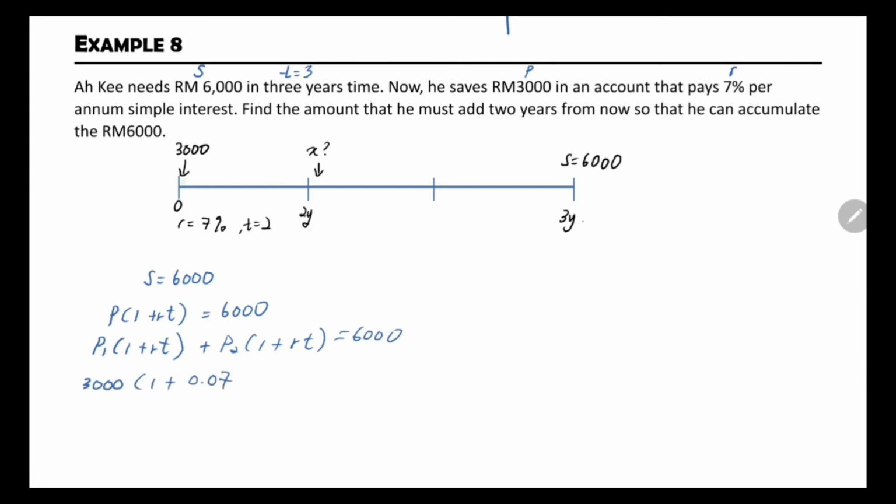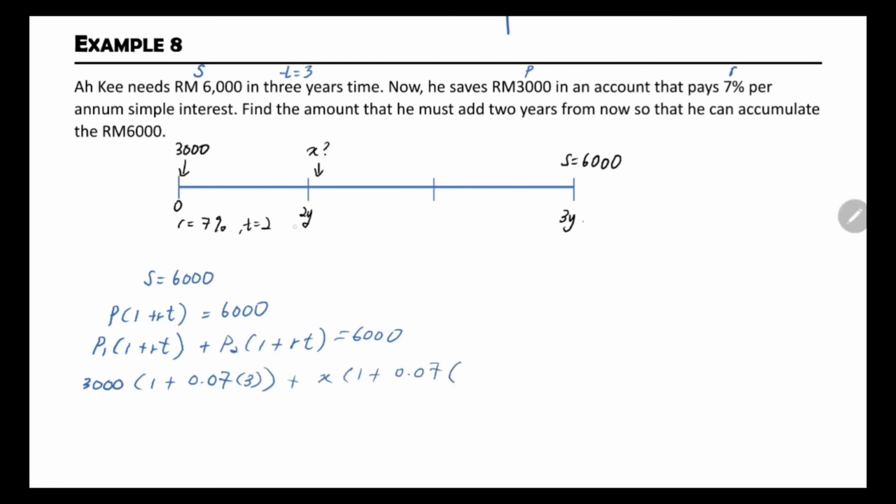Duration of the first principal is the whole 3 years, since the first principal 3,000 will still earn interest throughout the 3 years, even if we add more money in between. So duration for interest of this principal will be 3 years, and then P2 is what we're looking for, x. 1 plus R is 0.07.